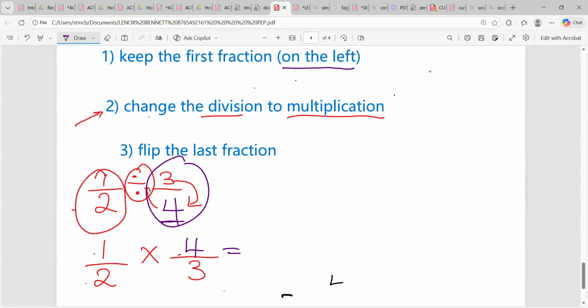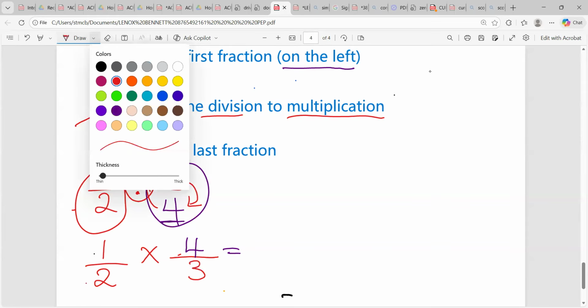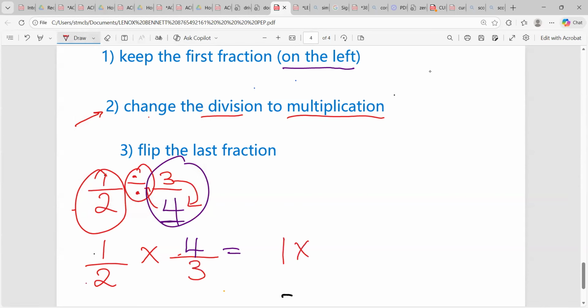And then of course you go back to the multiplication rule that we just did. We know how to do it: multiply numerator by numerator and denominator by denominator. So it's going to be 1 times the 4 and 2 times the 3.